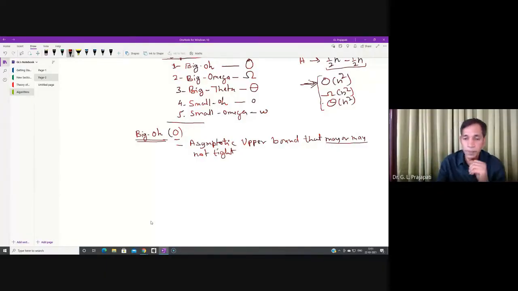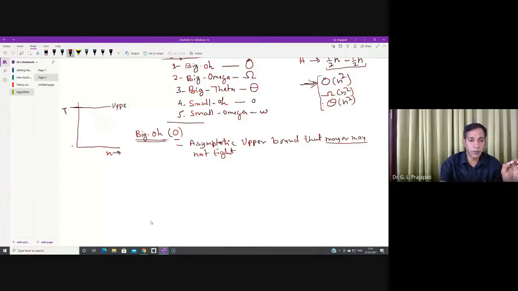So the notion of asymptotic upper bound means you are denoting the worst case of your algorithm. Say you are having the n, and irrespective of n, you have set this upper bound of your algorithm, this is the upper bound you have set.